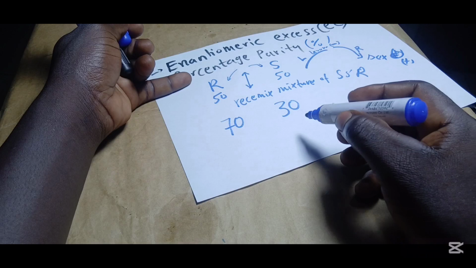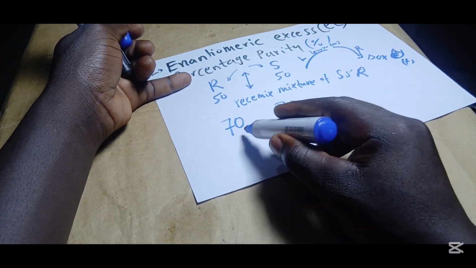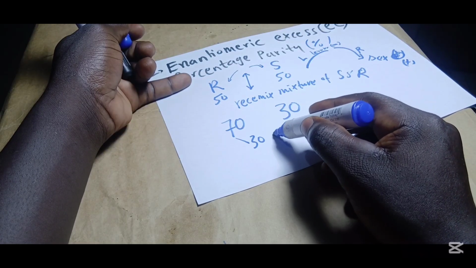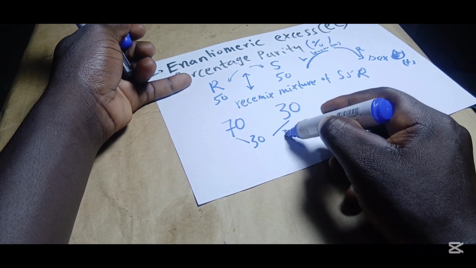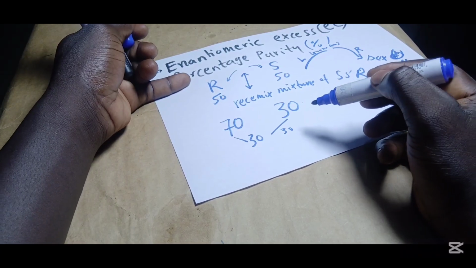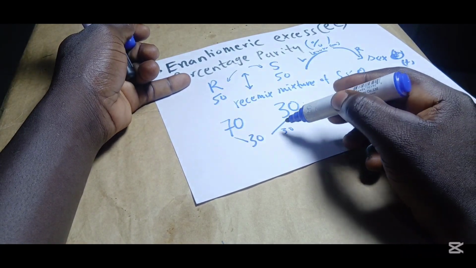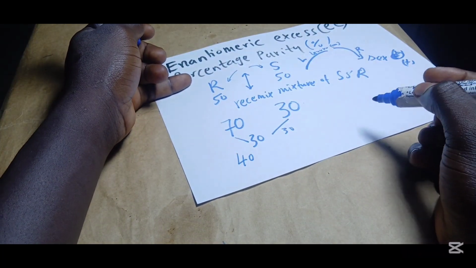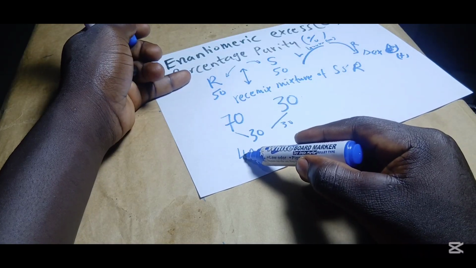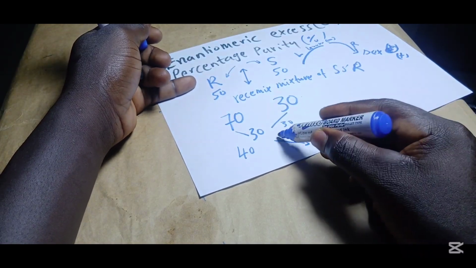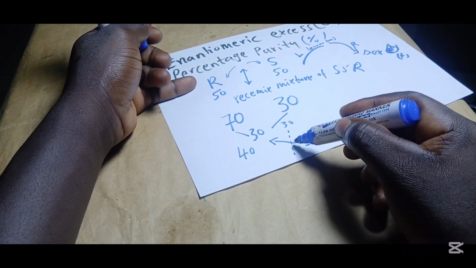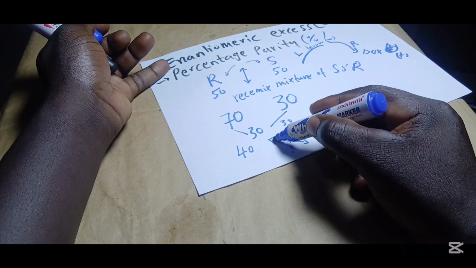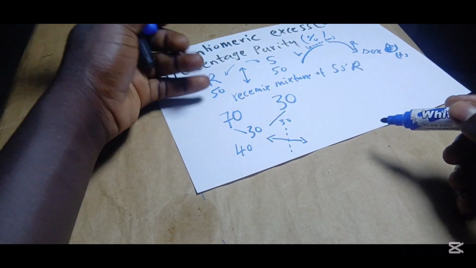So at the end of the day, 30 of the R will form a racemic mixture with 30 of the S. So if 30 form a racemic mixture, then we will still have some of the R in the solution, which will be 40 of the R in the solution. So at the end of the day, the R will dominate and it will turn the plane polarized light to the left. In this case, we are assuming that R will turn to the left and S will turn to the right. So it will turn to the left because R dominated here.